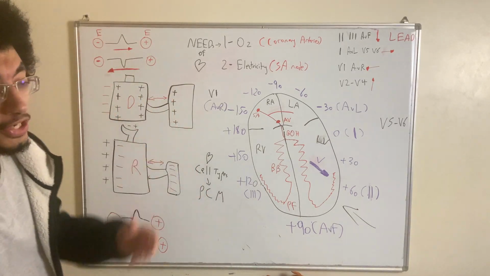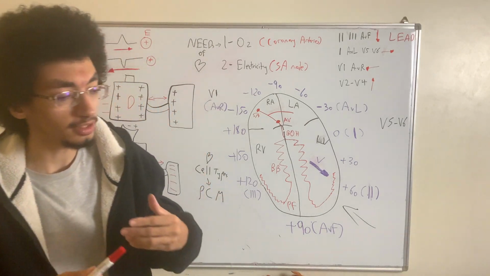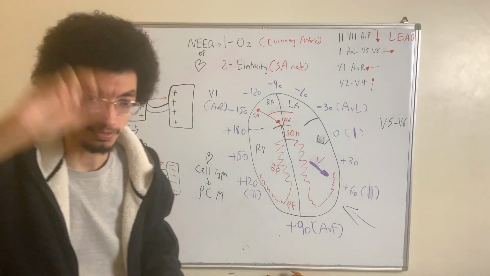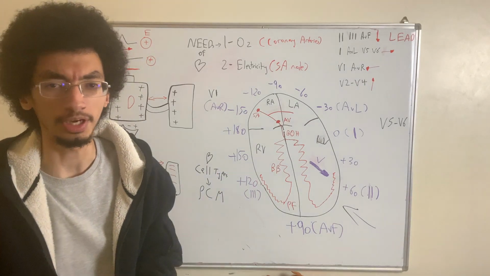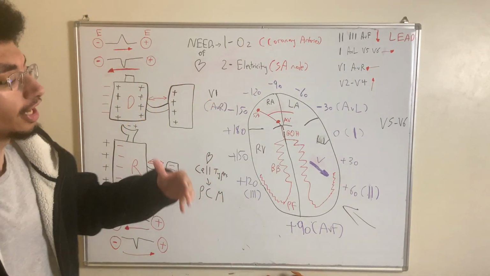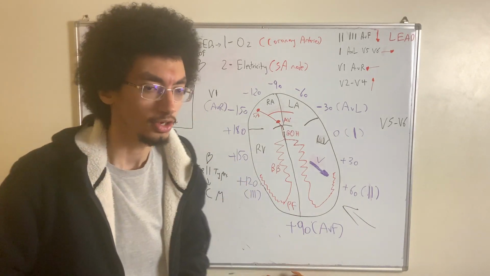The thing about EKG is that it will not show me the function of the valves. It's not like an echo, where it will show me the heart physically and its function. It's not like a chest x-ray where I'm visualizing the heart. No. ECG helps me in visualizing the electrical activity of the heart.